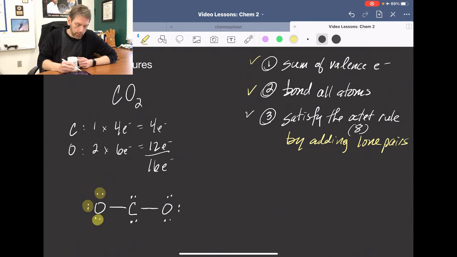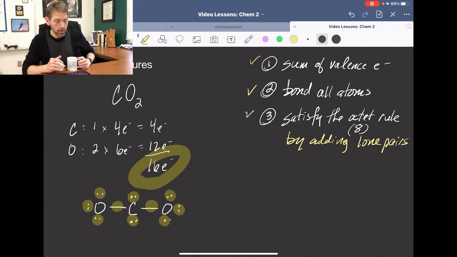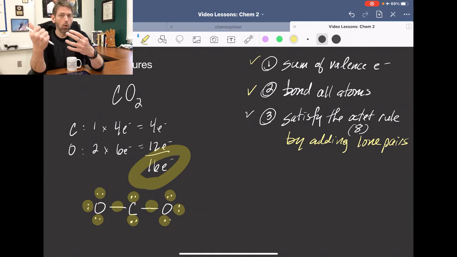2, 4, 6, 8, 10, 12, 14, 16, 18, 20. But we can only have 16 electrons. So we have 4 more electrons than what we need. 4 more electrons, and everything is a lone pair or a bonding pair.